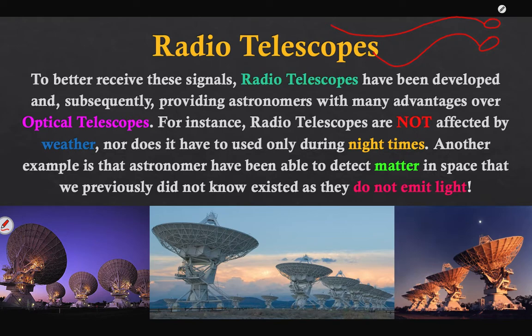Now we can't see that anymore. So if we're only using telescopes that are optical, like the seeing kind, we're never going to know that this other thing even existed. Because it's not emitting light, we can't see it unless the sun shines on it, but that far out, it's not going to. If we use radio telescopes, we can now pick up this wave, and we can figure out, okay, there is actually stuff there.